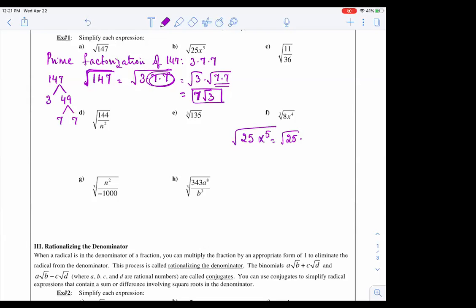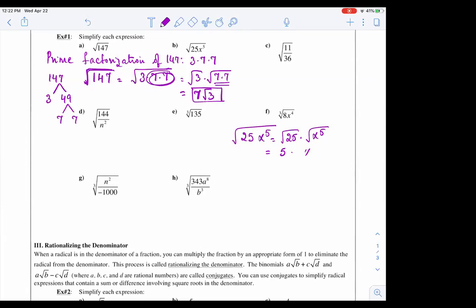It's not a big number for you to split. You don't need the factor tree or anything for 25 because it's small enough for you to know what it is. And x to the power 5, I'm going to split that into this.